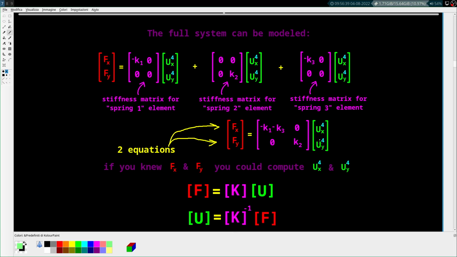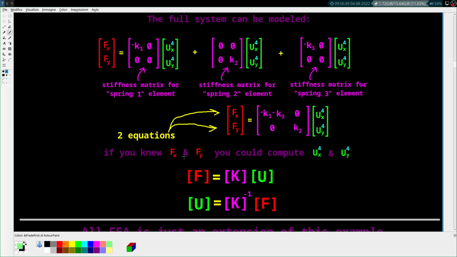In general, these 2 variables here are the unknowns. You'll usually know the forces because you're applying forces on the system and you're curious about how much it moves. So if you knew Fx and Fy, you could compute Ux and Uy. All you have to do is take the original equation and pre-multiply both sides by the inverse of k, and you get that the displacement is k inverse times f.